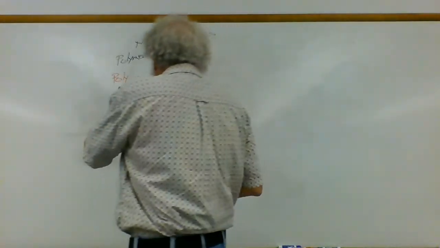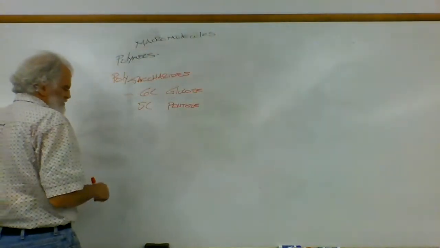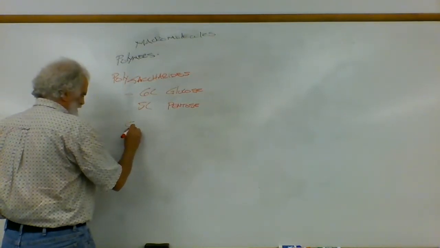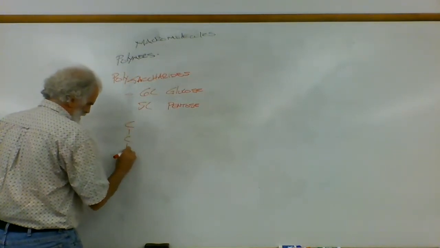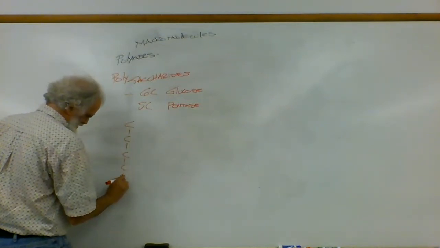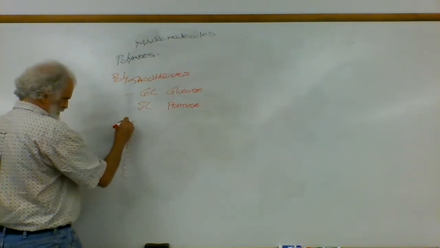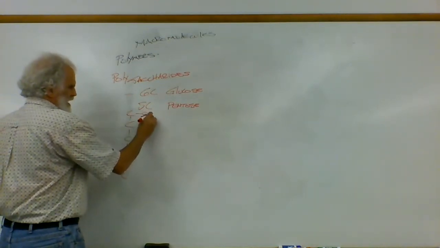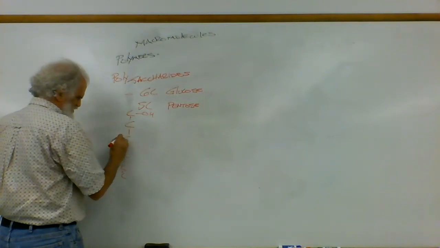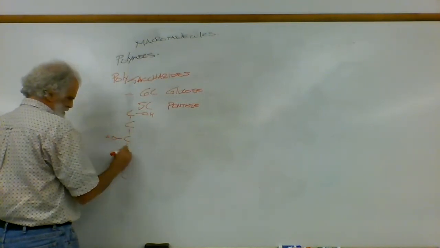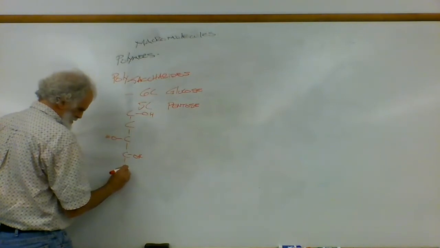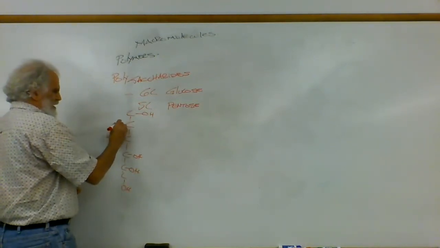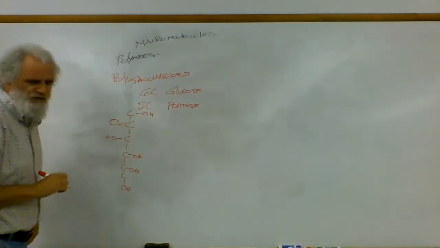Glucose is a 6-carbon sugar that looks a little bit like this. We're going to draw it as a line: 1, 2, 3, 4, 5, 6. And it's got lots of OH groups coming off of it. And at this carbon, it's got a double bond oxygen.